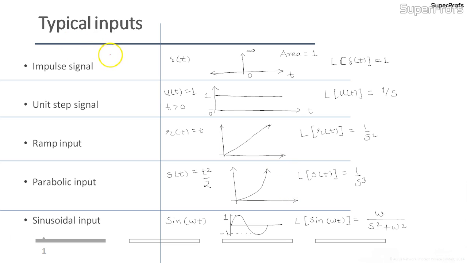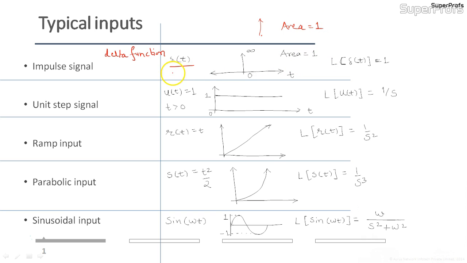As you see, the impulse signal, which is also known as a delta function, is represented as delta t. So delta t is nothing but a signal existing at t equal to 0 with infinite magnitude, not literally, but for a very small time you get a very large magnitude, so that the area under that curve is equal to 1.